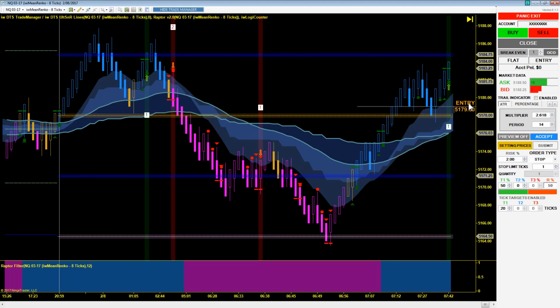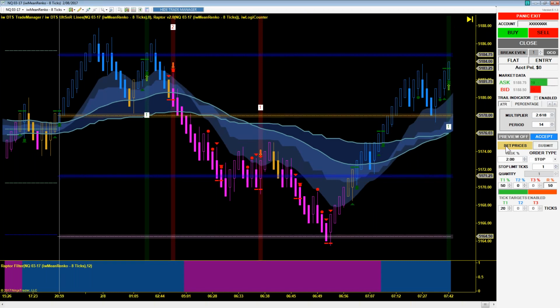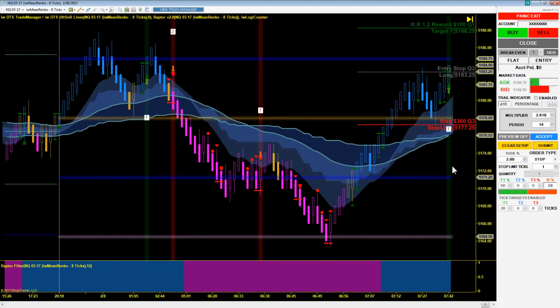That means when I use the Trade Manager to set up my trade, no matter where I place my stop, I will only have 2% of my capital at risk. So whether I choose to place a tight stop or a loose stop, my risk is always capped at 2%.